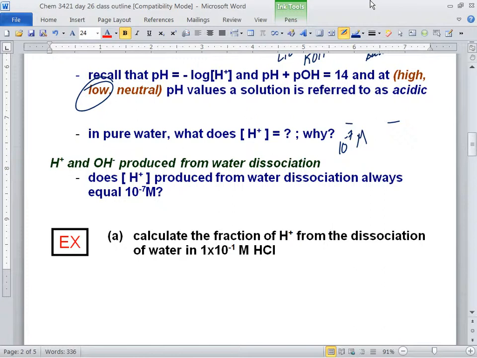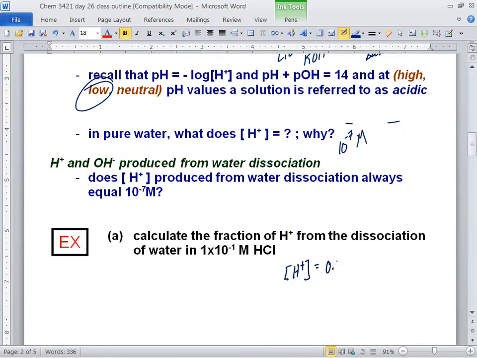Let's try to illustrate that. Calculate the fraction of hydrogen ion from dissociation of water at 10 to the minus 1 molar HCl. So we have 0.1 molar HCl. So you would say that our hydrogen ion concentration is what molarity? 0.1.